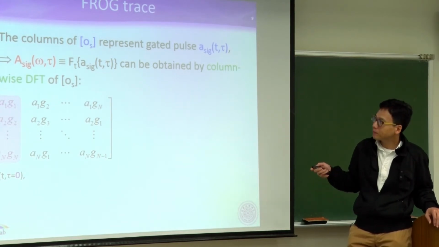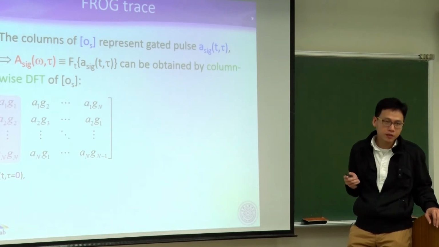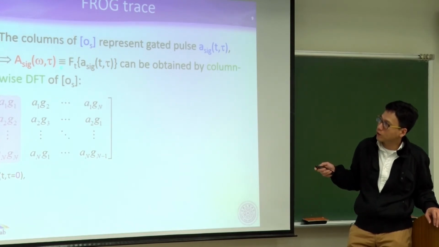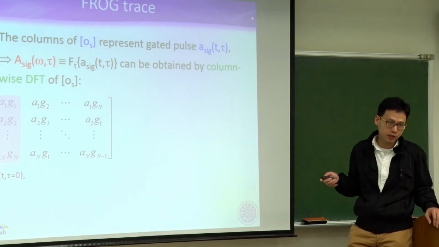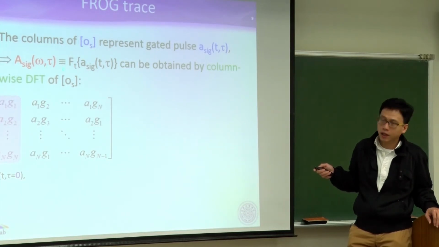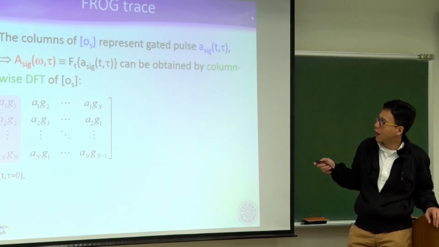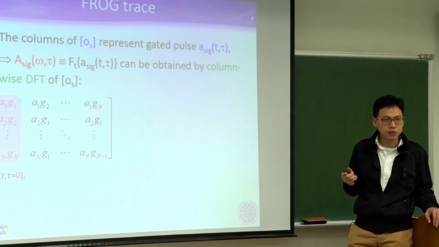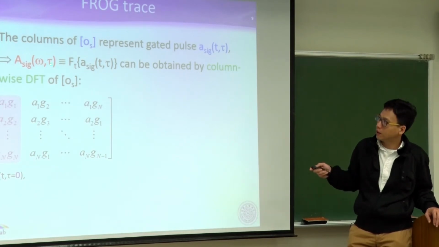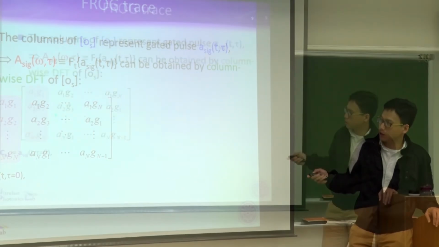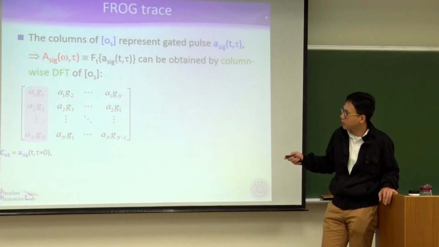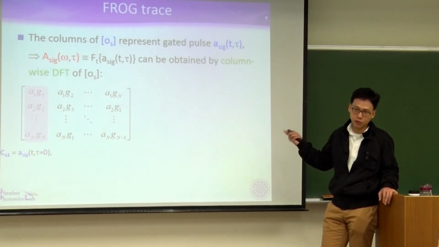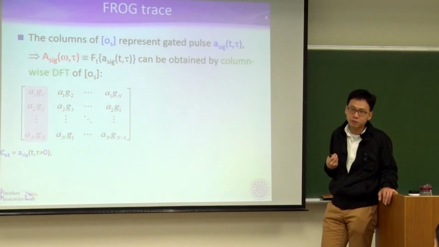So you can perform DFT for the first column. Then you can get this one, the red one, big A sub sig of omega and tau. Because after Fourier transform, variable t becomes variable omega, so you move to the frequency domain. The tau variable does not change, because the entire column vector means tau equals 0, even after Fourier transform.